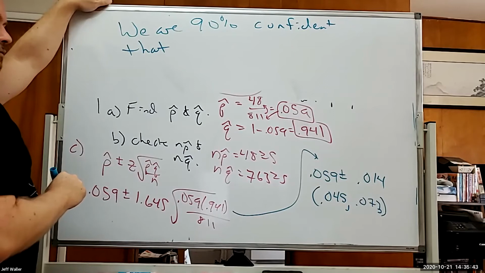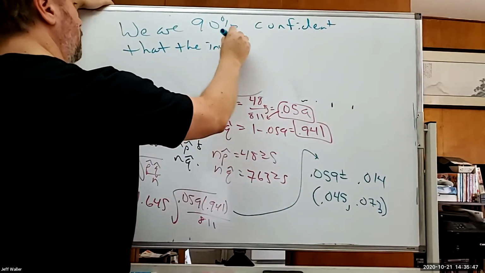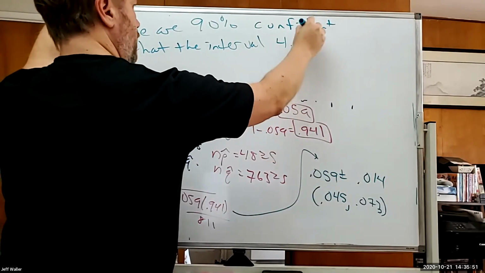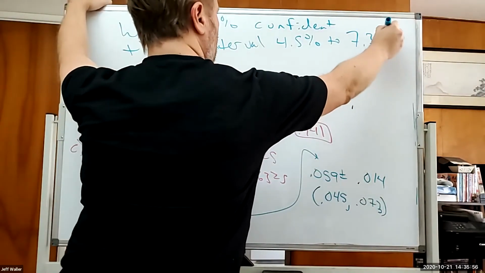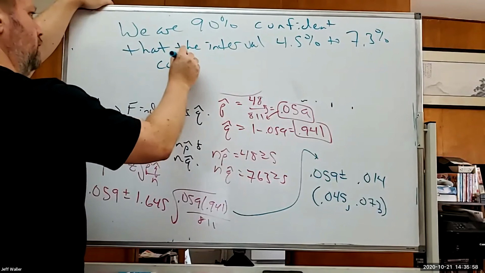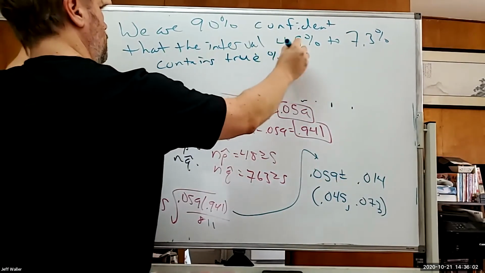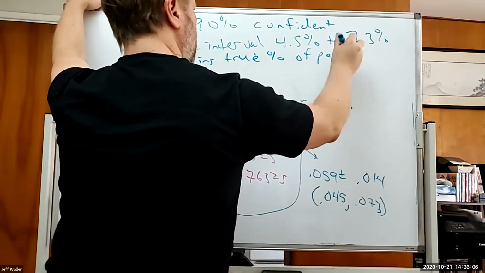The interval. Yeah, the interval, 4.5% to 7.3%, contains the true percentage of people who like political ads. Sounds high.